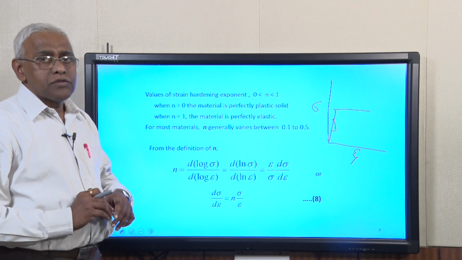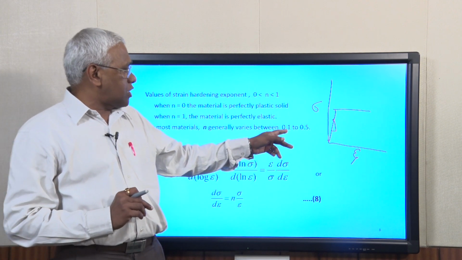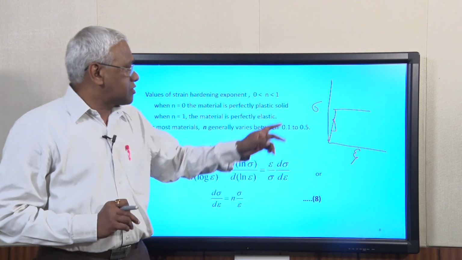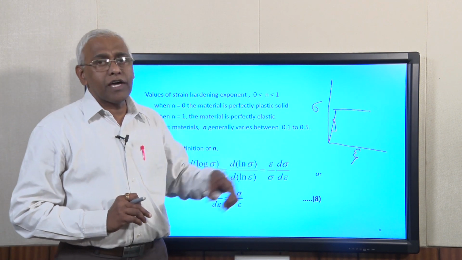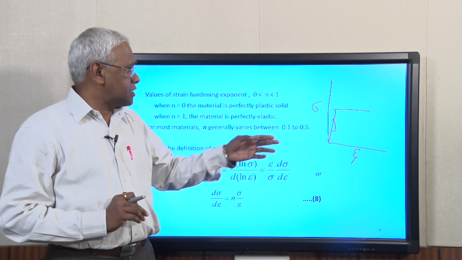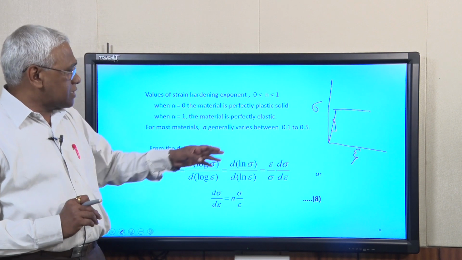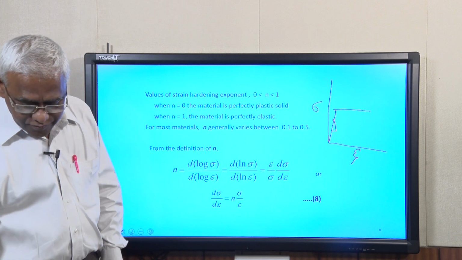The normal value of n for real materials lies between 0.1 to 0.5. Okay. So, these are the extreme conditions, the limits, but in real material the maximum value you may find is 0.5, maybe some exceptional cases may go beyond that, but otherwise the value of n lies between 0.1 to 0.5.